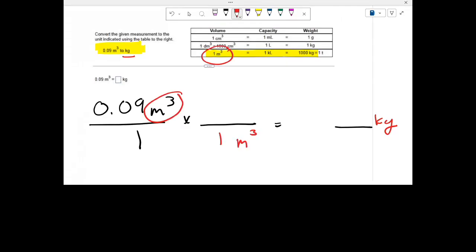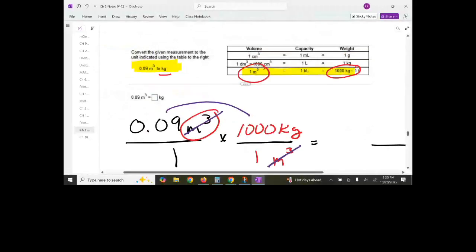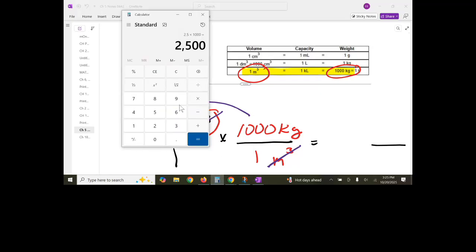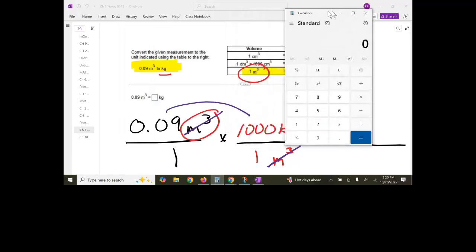Look, 1 cubic meter is the same thing as 1,000 kilograms, okay? Again, y'all, the reason I'm doing that is I'm going to cancel out my cubic meters, and I'm going to multiply straight across, okay? So I'm going to take my calculator again, y'all. Let me clear this out.